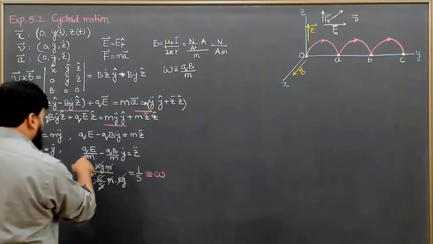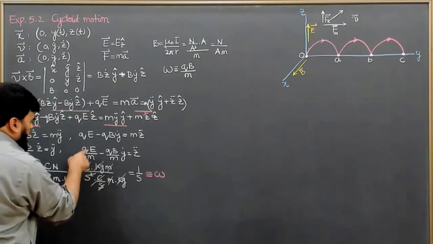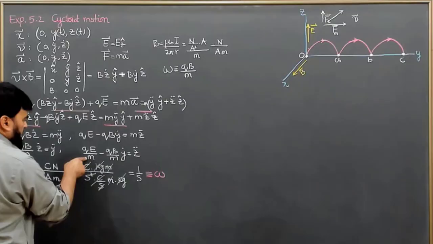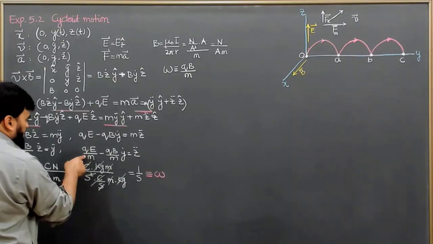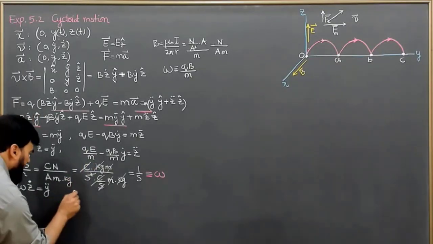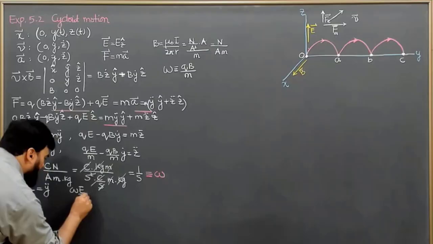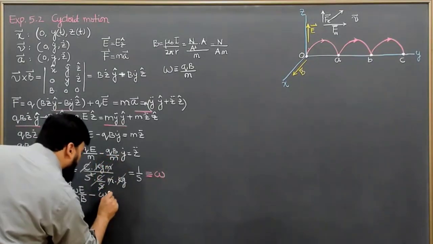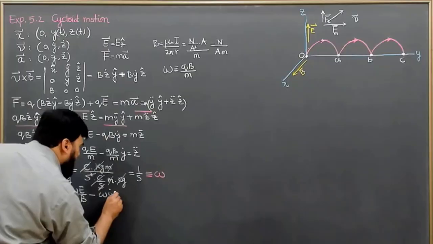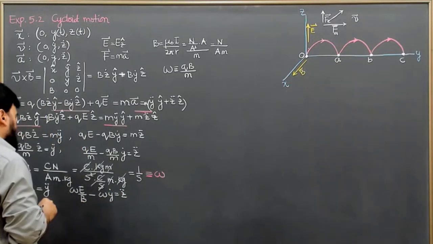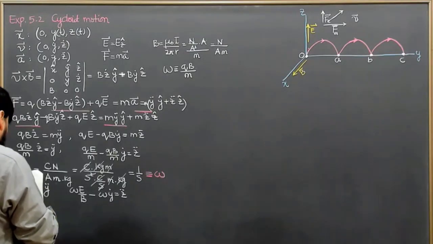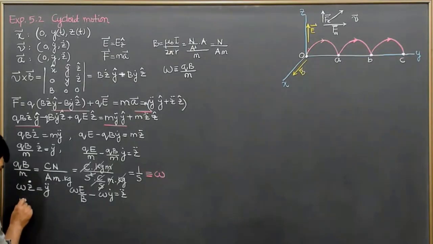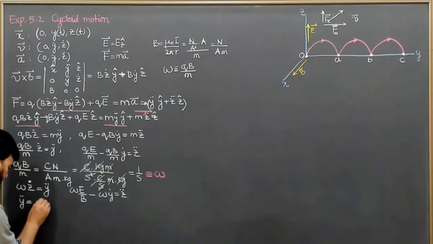And here, now B is required, so if I multiply with B and divide by B, then QE over m I will write as omega times E over B, minus omega y dot is equal to z double dot.